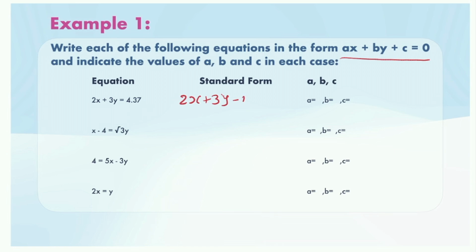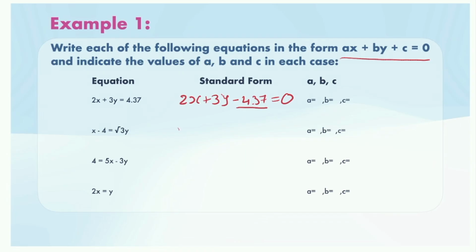It will become minus 4.37 is equal to 0. Now you can compare it with the standard form: ax is 2x, by is 3y, and c is minus 4.37. Don't forget your sign. Bring your signs with you in your answer.